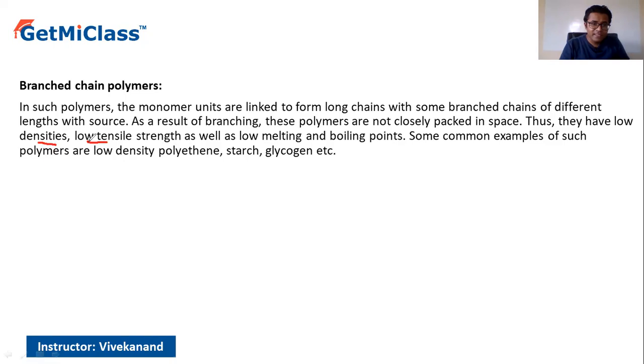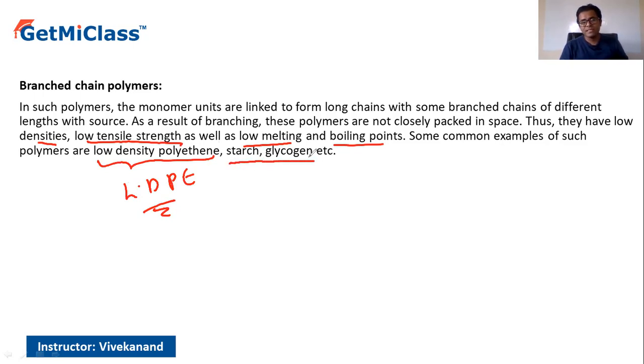Due to the lower density, the tensile strength decreases, lower tensile strength because of the gap between them, and therefore they have a lower melting point and boiling point. The example for such a polymer is LDPE. In the previous case we had HDPE, high density polyethylene, and here we have low density polyethylene. Other examples are starch and glycogen.